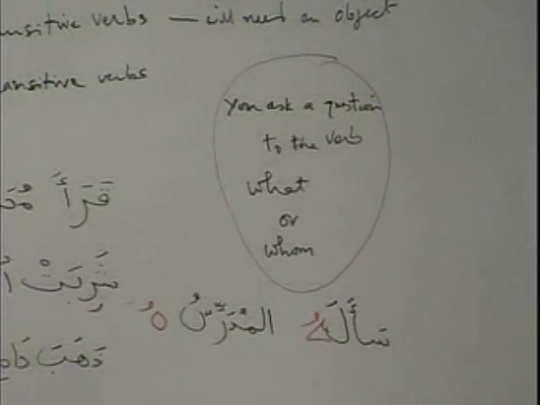I say sa'alahum al-mudarrisu. The teacher asked them. So what is hum? Mafulun bihi. Then sa'alaha al-mudarrisu. The teacher asked her. Sa'alahuma al-mudarrisu. Now this is for feminine, the teacher asked the two.